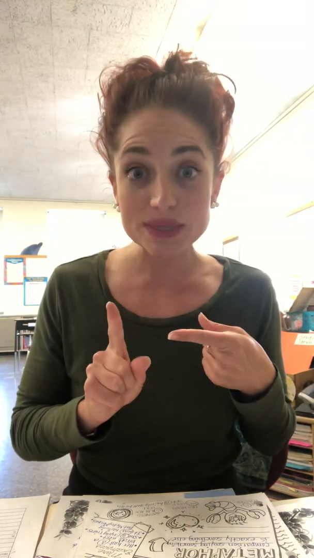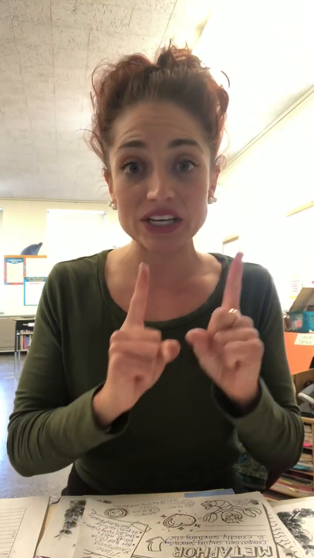So, for simile, I would like you to write on the lines next to where it says simile, comparison using like or as. All right? So, I would like you to fill in, and you can pause the screen if you need to, in enough time to get comparison using like or as.